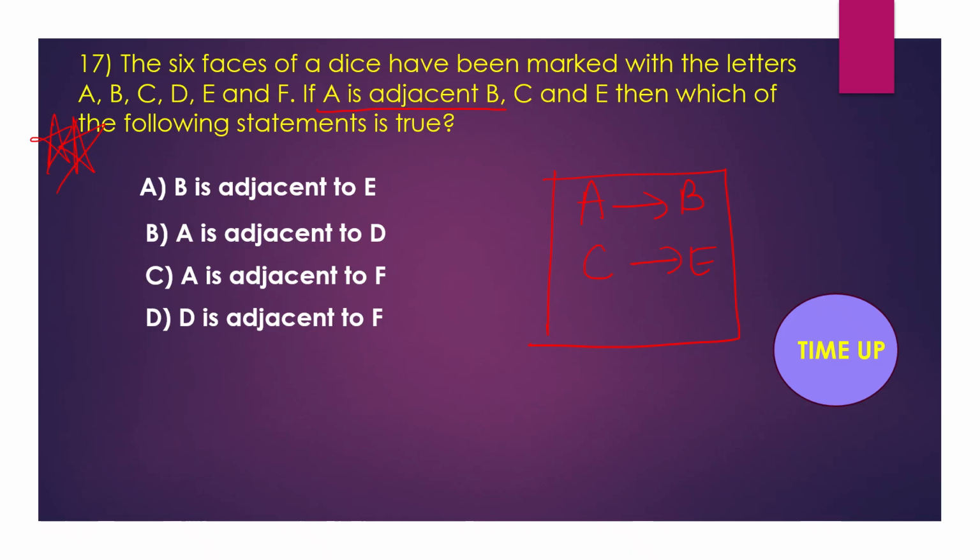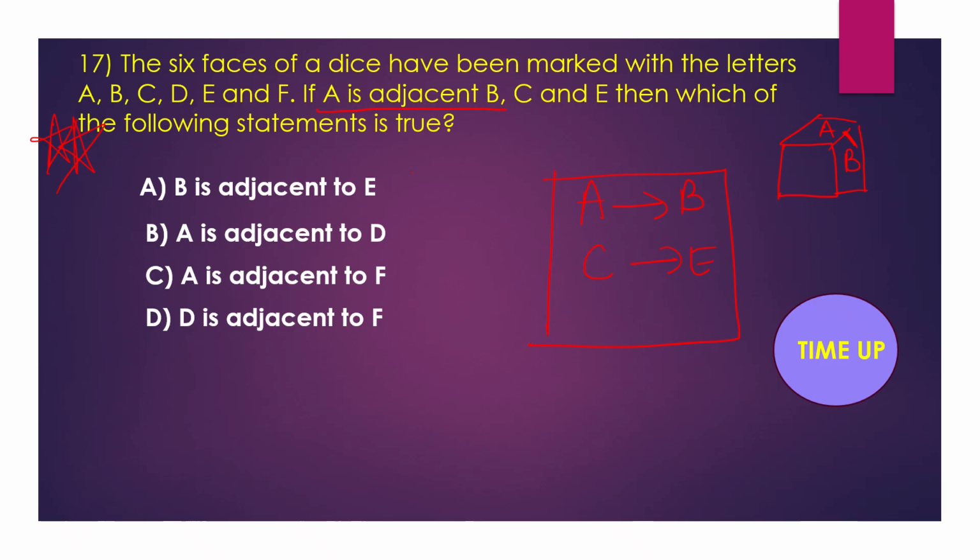So if this is a cube, and A is here, B will be here. This is what adjacent is. Understanding, right? So this is the meaning of adjacent.